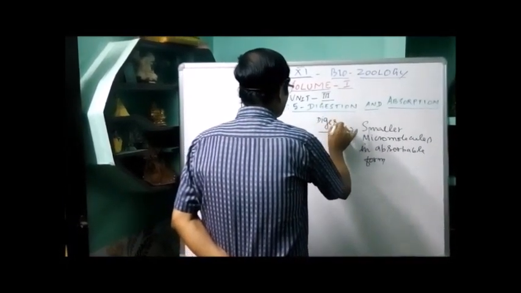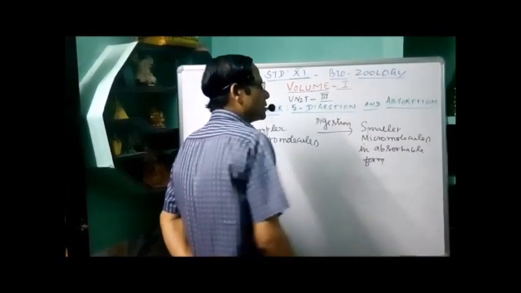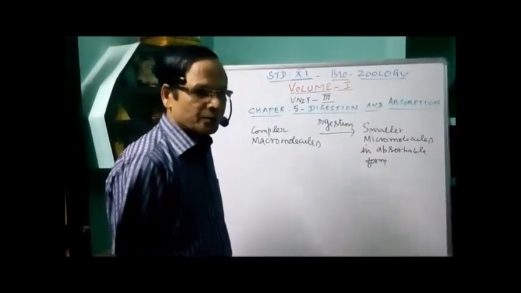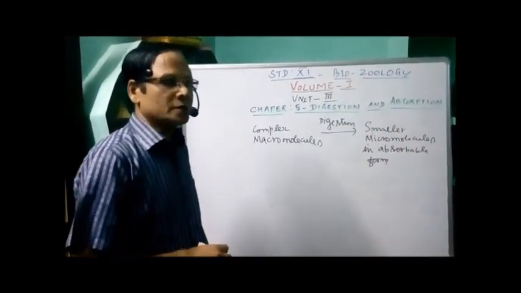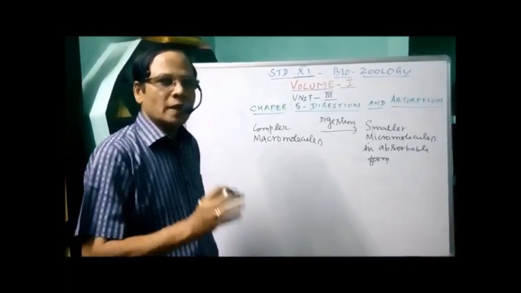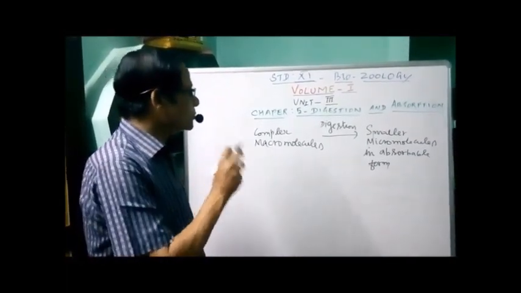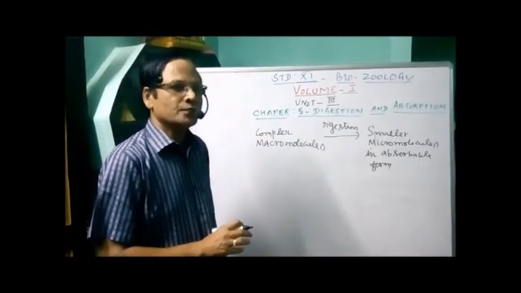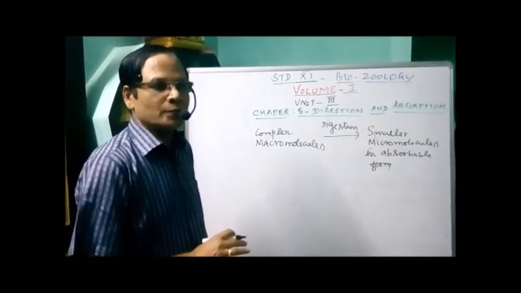So we are taking carbohydrates, proteins, fats. These are the complex materials. They cannot enter directly into the cells, so they have to be broken into smaller micromolecules which are in absorbable form.